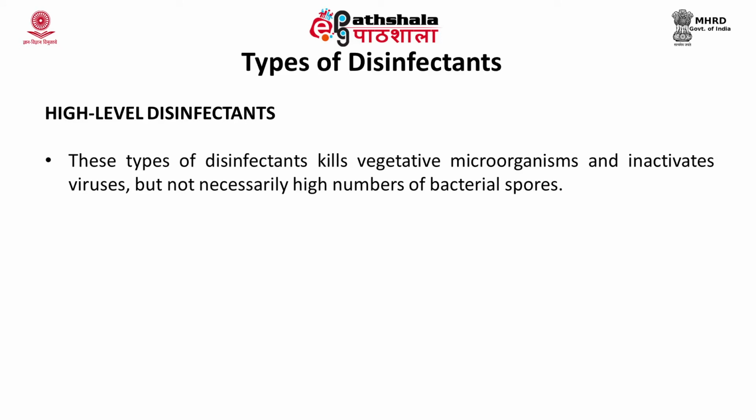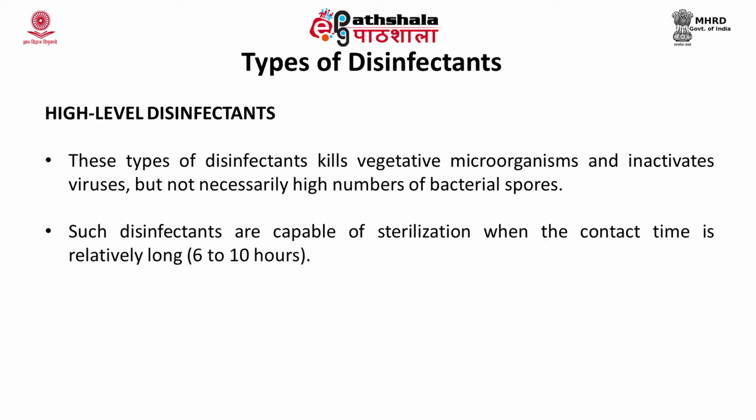These types of disinfectants kill the vegetative microorganisms and also inactivate the viruses, but not necessarily a high number of bacterial spores. Such disinfectants are capable of sterilization when the contact time is relatively long, approximately in the range of 6 to 10 hours.